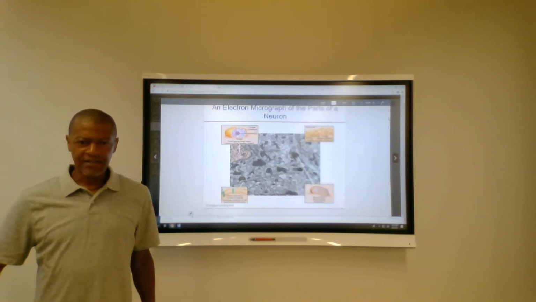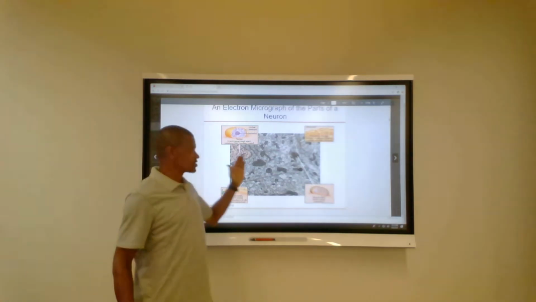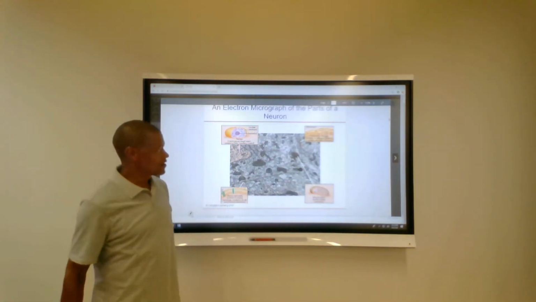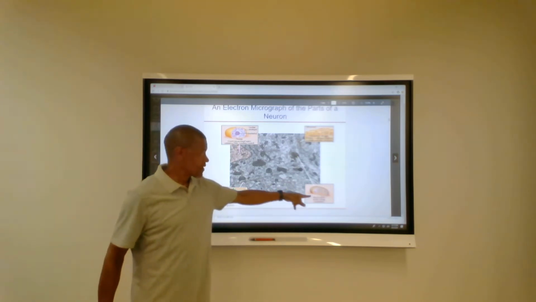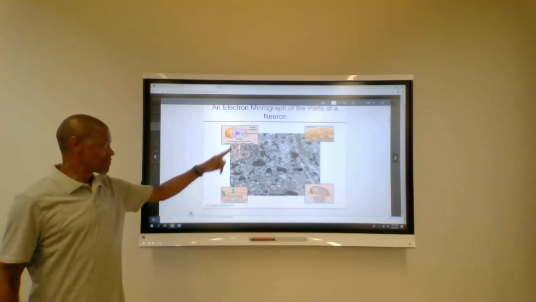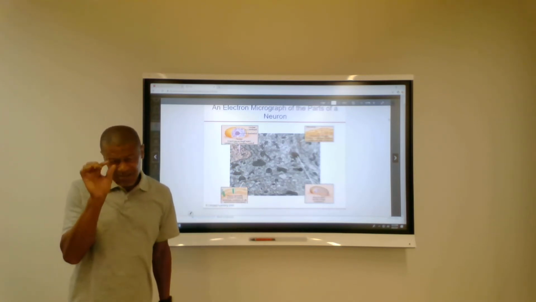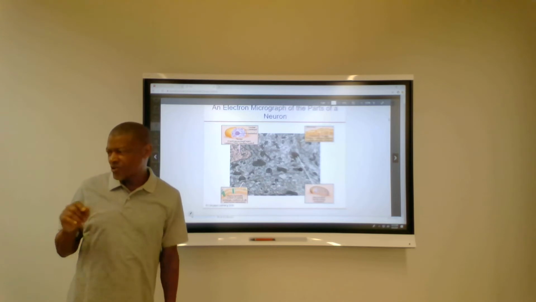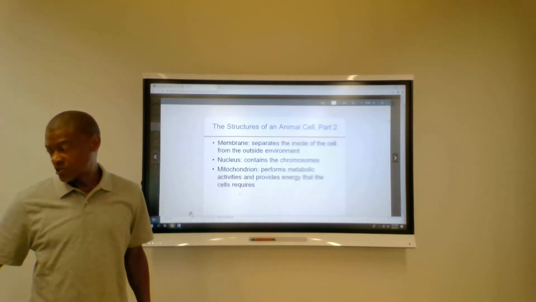You'll see some slides that have electron micrograph images of the cell cut, and you can see those parts of the nucleus, mitochondria, the ribosomes, and these very tedious, small structures that are key for that nerve cell to continue on to be what it's supposed to be.